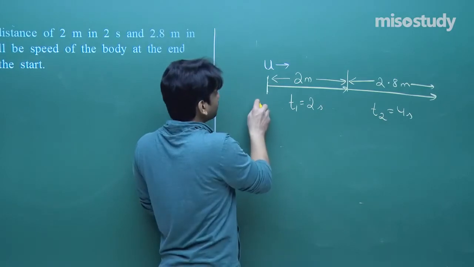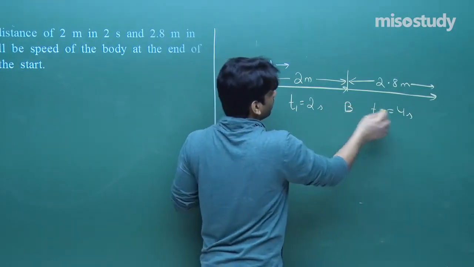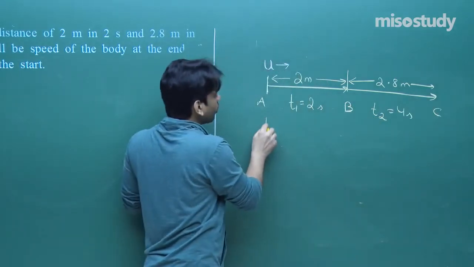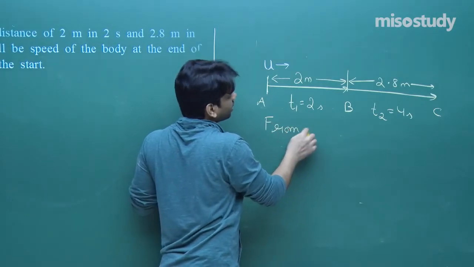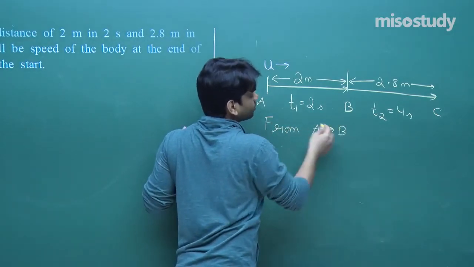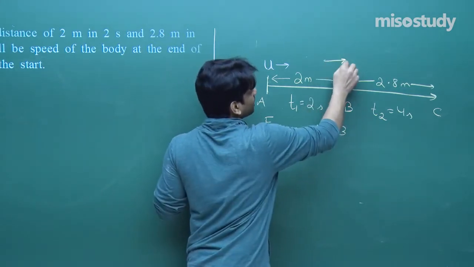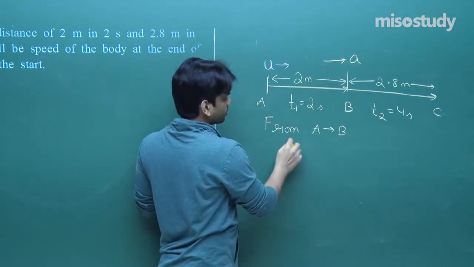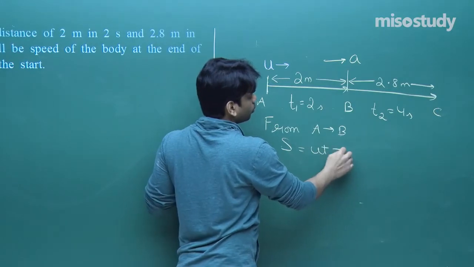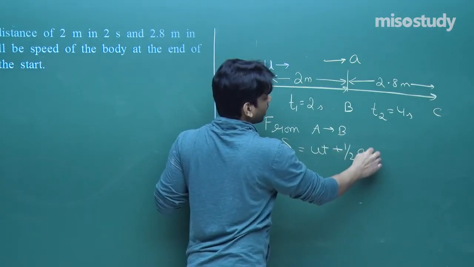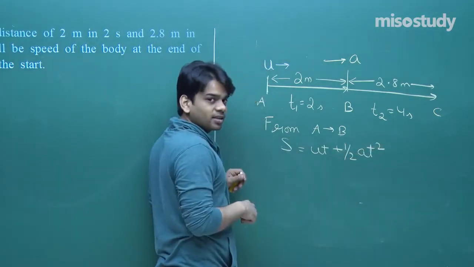Now see, let me mark that 3 points A, B, C. Now see, if I study the motion from A to B, we can comment on if the acceleration or retardation is a for the entire motion. So S will be ut plus half at square. This is what we can write down.